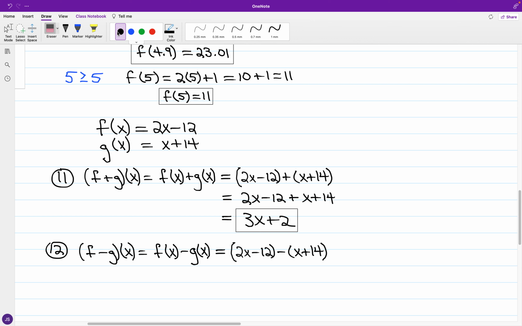Now, if you notice, once we remove the parentheses, we still have 2x minus 12, but for the subtraction of g of x, we're going to have the subtraction of x as well as 14. So this will translate to minus x and also minus 14. And so 2x minus x becomes x, and negative 12 minus 14 becomes minus 26.